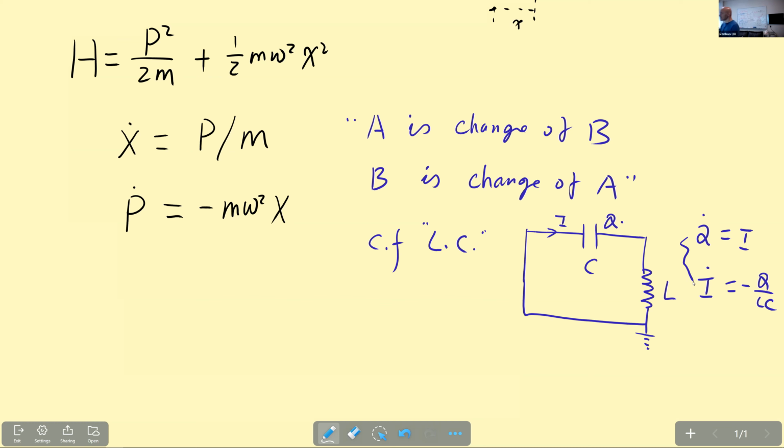So you can see that an LC circuit is also like a harmonic oscillator.